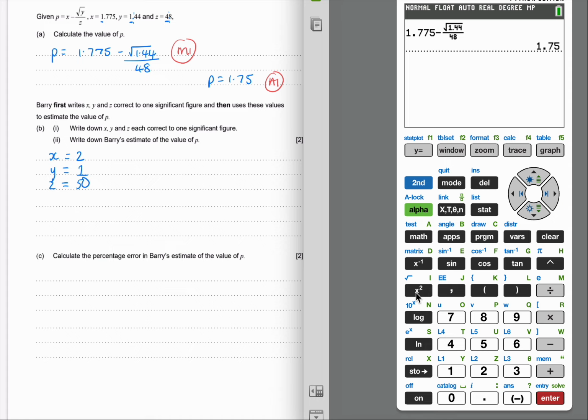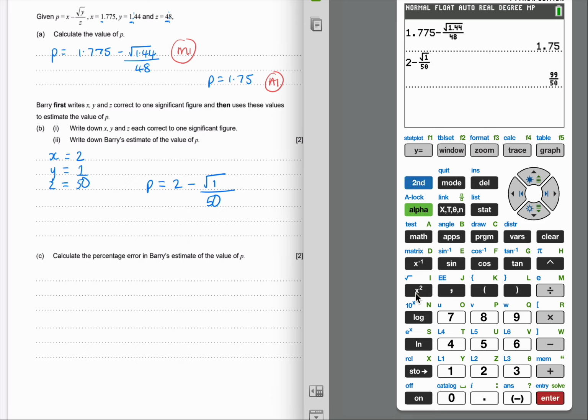And then for the second part, I now need to find the estimate of p. So using those new values, p is equal to 2 minus the square root of 1 all divided by 50. And I can work out what that is. So 2 minus the fraction button and then the square root button, 1 over 50.